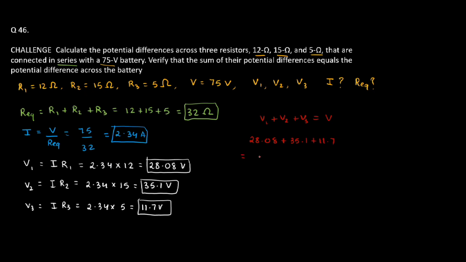And when I add them, I get my answer as 74.88 volts, which is almost close to the potential difference across the battery. So we verified by adding the individual potential difference across each resistor. And when we added them, we got a potential difference very close to the potential difference of the battery.